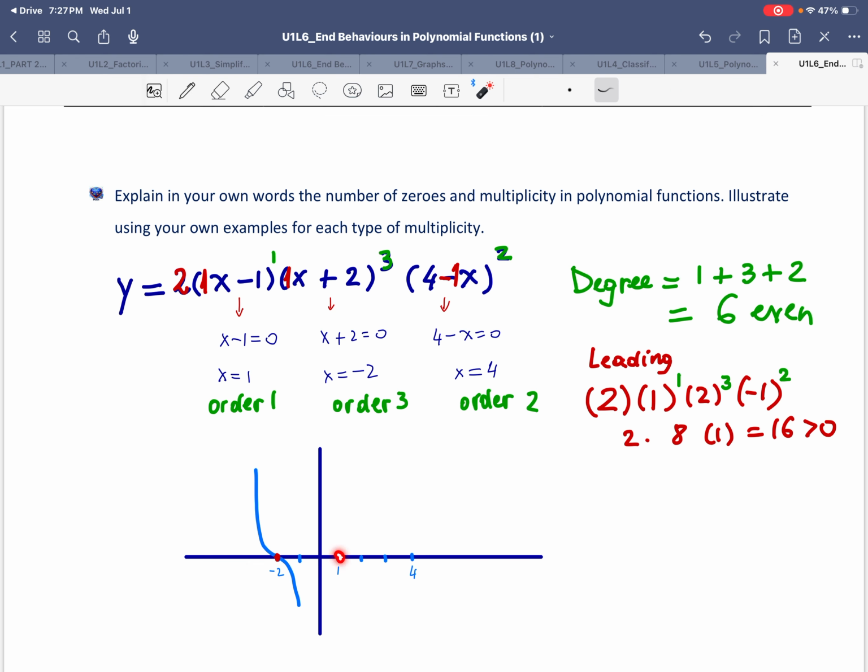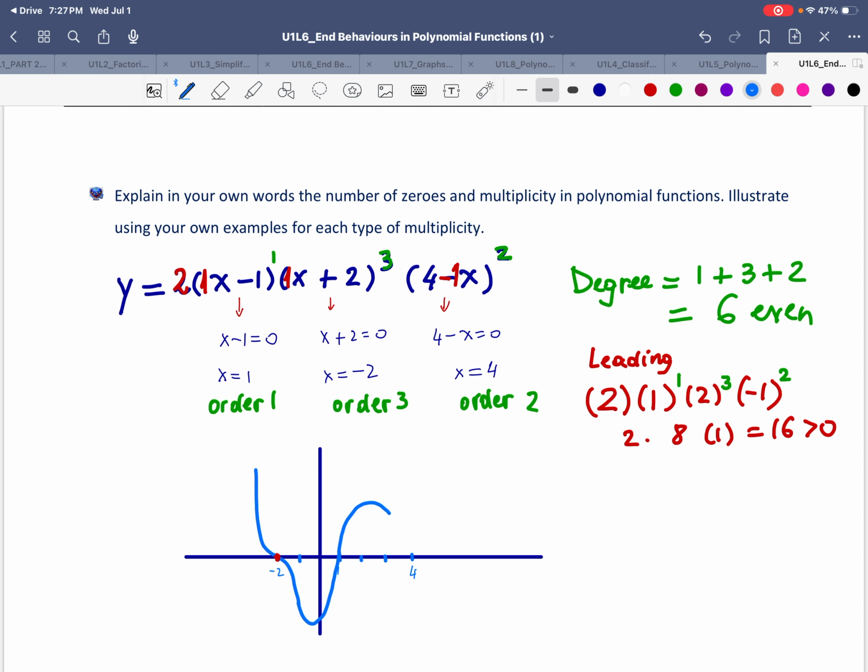Now we're preparing to hit the graph again at x equals +1. +1 is a first order root. When the order is 1, it means that the graph will just intersect and get through the x-axis without making any stunts, just getting through it the smooth, simple way. And lastly, we're going to hit x equals 4.